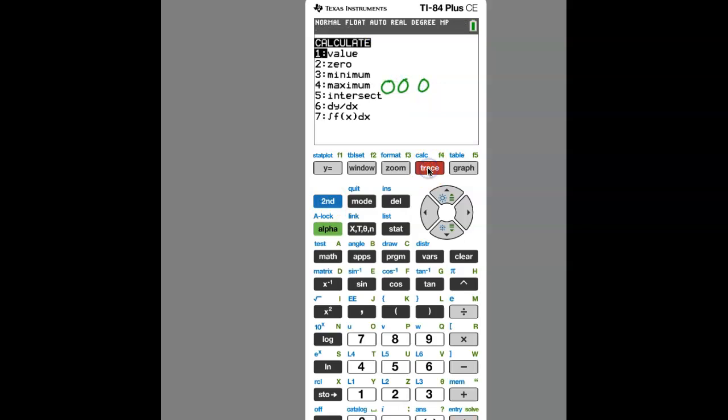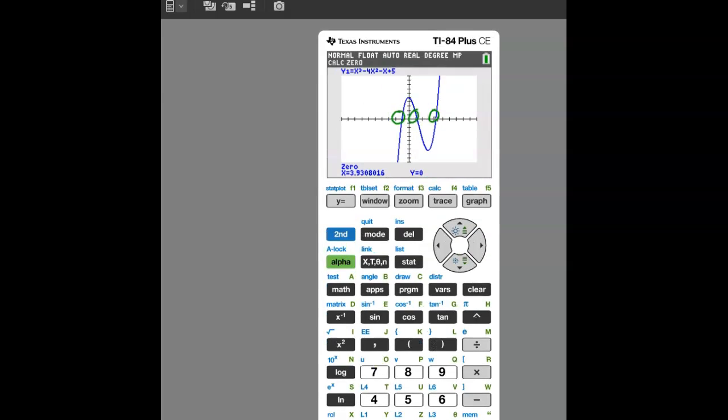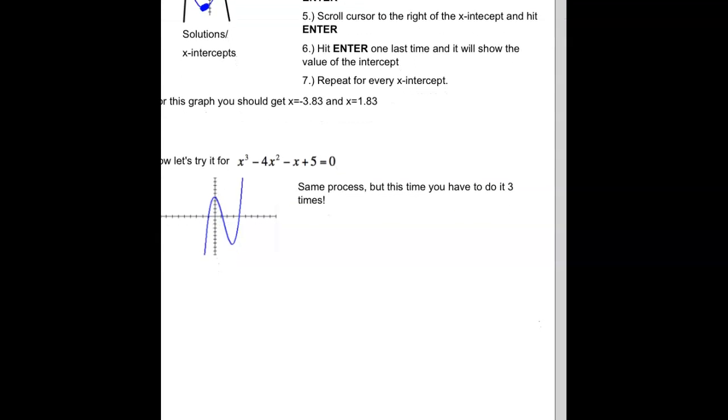Okay, one more. Second trace, number 2. We have to move to the left of where we hit the x-axis, right about there. Hit enter. Move it to the right. Hit enter again. And enter a third time. So my third 0 is 3.931.